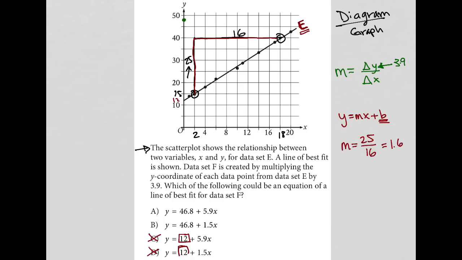And for choice B, I still have something close enough, 1.5 as my slope here. But I know that this number on top is going to change, right? Because I know that my change in y is going to be impacted by a factor of 3.9. So B has to be gone, right? There's no chance that the slope is the same. It has to be larger. So choice A has to be the correct answer here.